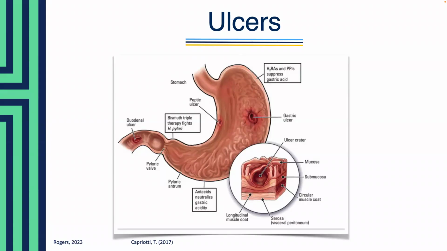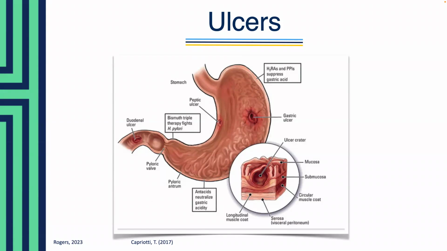There can also be association with conditions like Zollinger-Ellison syndrome, which is a rare condition caused by a gastrin-secreting neuroendocrine tumor. It releases excessive amounts of the hormone gastrin, which then stimulates the stomach to produce excessive hydrochloric acid. This usually occurs in the pancreas or the duodenum.